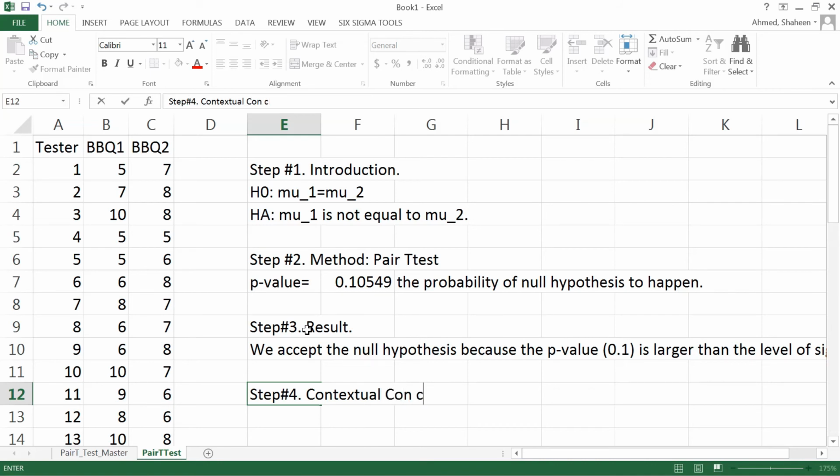Step number 4, contextual conclusion. It is basically you rewrite the accepted hypothesis.